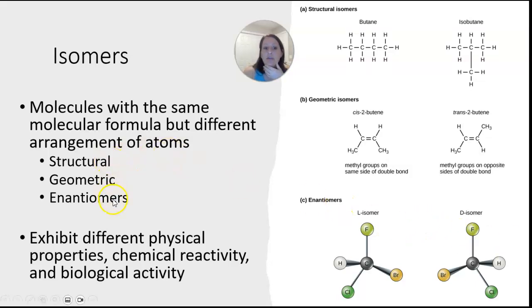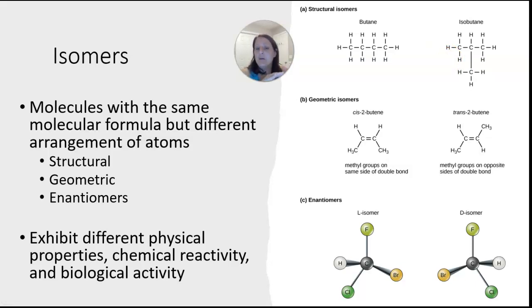So here's the 3 types, and there's pictures of the 3 over here. The first is structural. So let's start up at the top. You're going to actually build this in the lab. So we've got butane, C4H10, and we have isobutane, so it's an isomer. And so what's the difference here? If you count up the number of atoms, the number of carbons, and the number of hydrogens, they're the same.